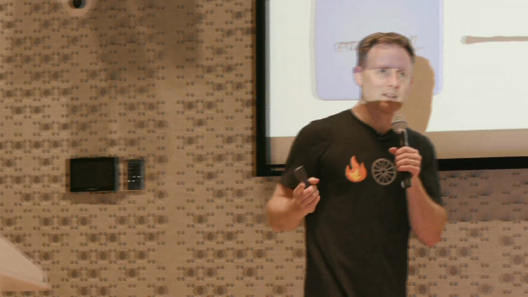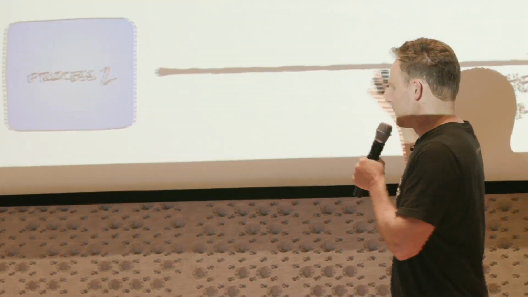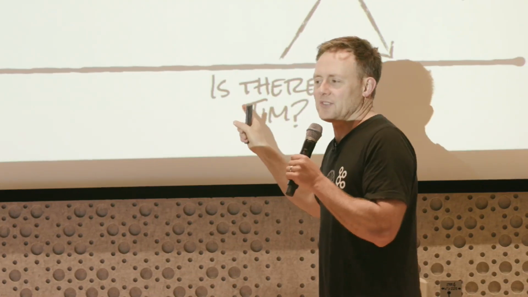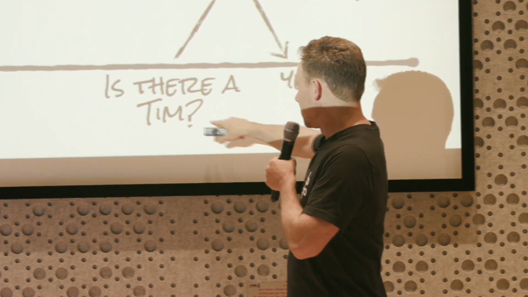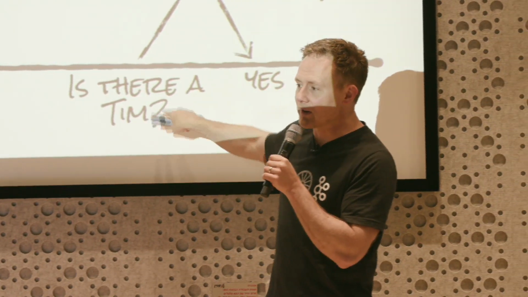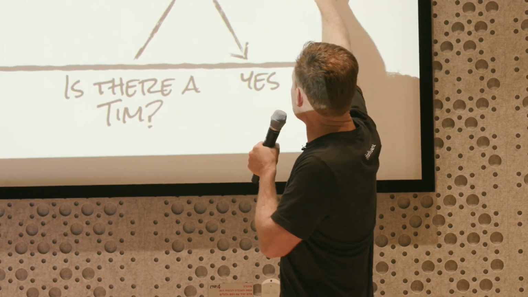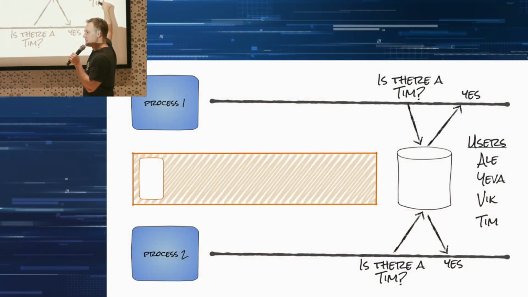Question there. Yeah, when process number 1 is calling the database and asking about presence of the team, how does it know whether it's its own team that was created? Yeah, this should be clearer, but there are a couple things that I just didn't put on the slide, and that's nobody's fault but mine. This question is really, is there a TIM2? And there's an ID here of whose TIM got created.